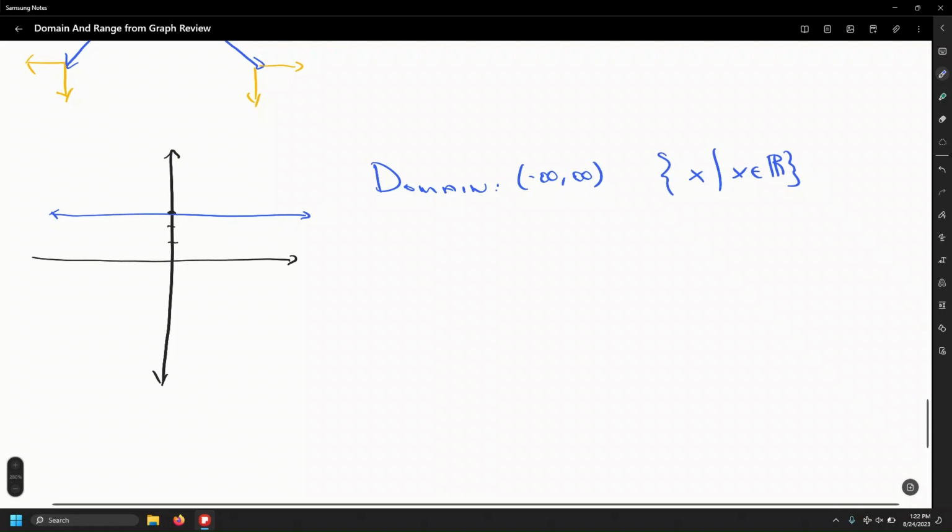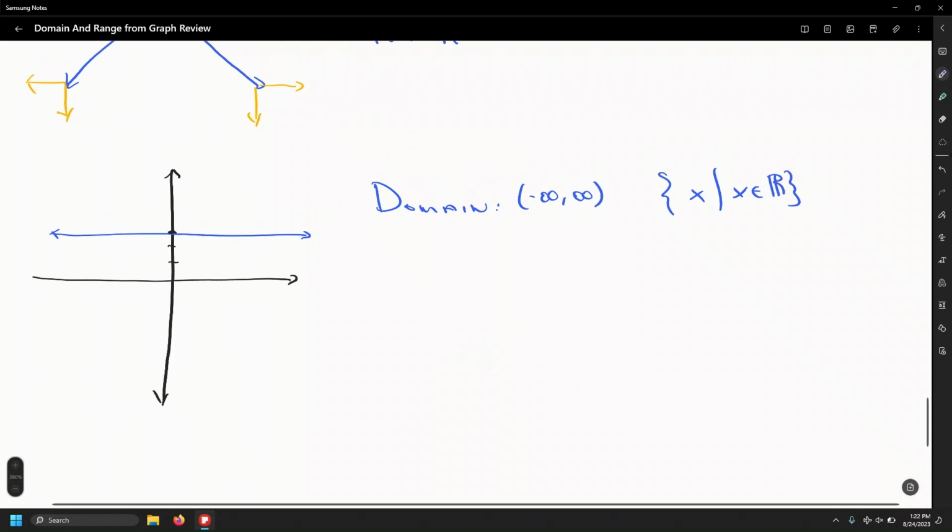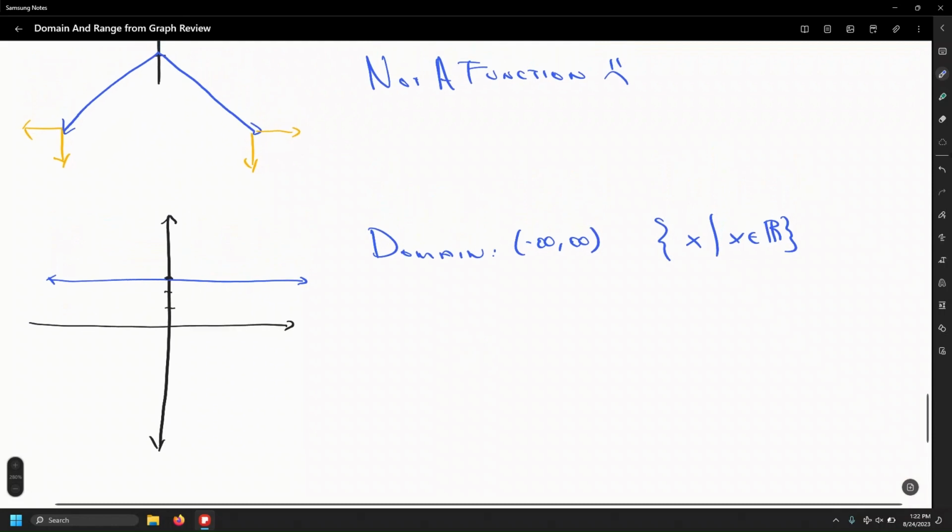So what did we do again for the domain? For the domain, we scanned the graph from left to right, and it's pretty easy to see that it comes from negative infinity and goes all the way to positive infinity. Now, what about the range? For the range, we will have a very limited panning to go from bottom to top.